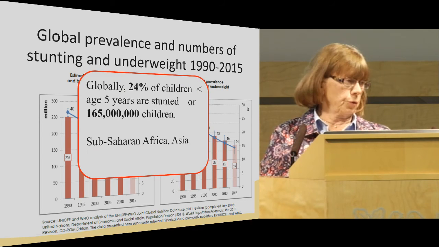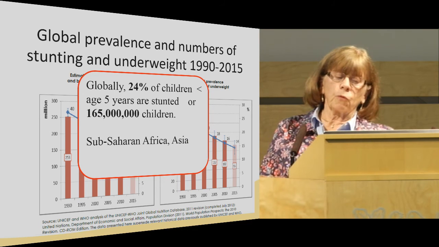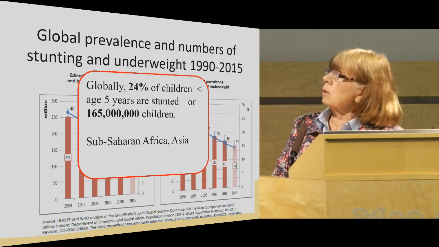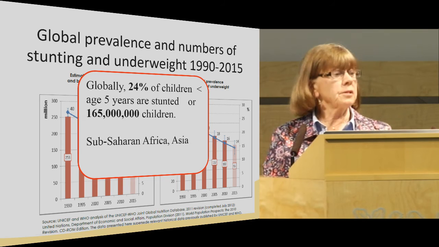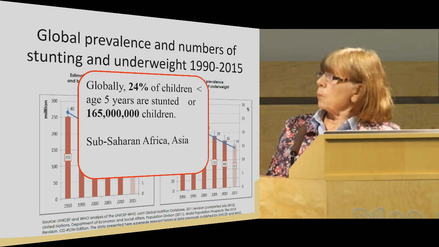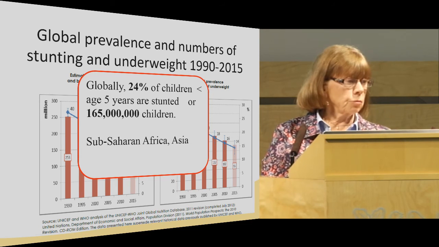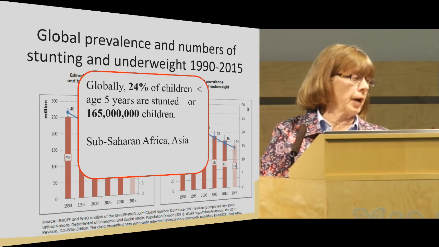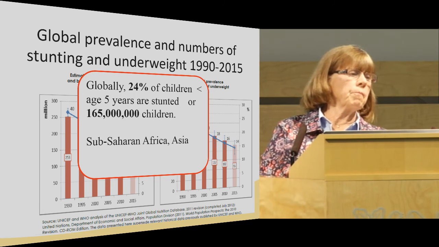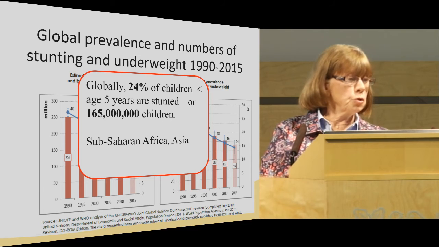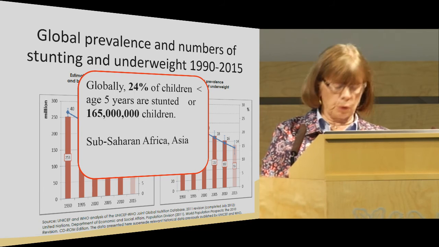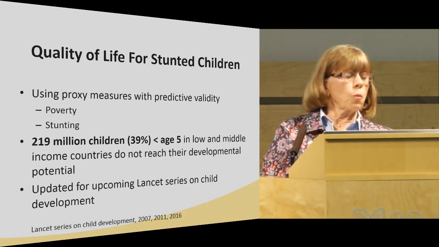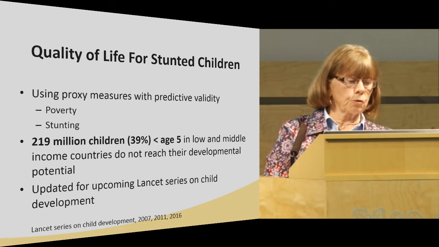Here's the less good news, and that is that 24% of the children in the world under age 5 are stunted. That represents 165 million children, primarily in sub-Saharan Africa and Asia. So the depth of the problem is enormous, absolutely a huge burden. And what do we know about stunted children?